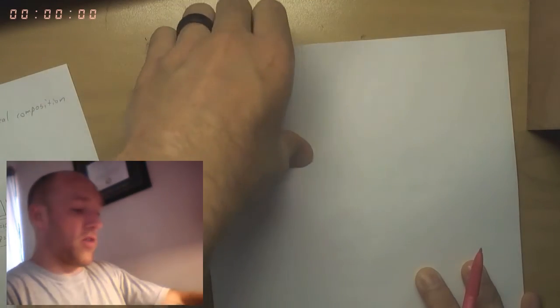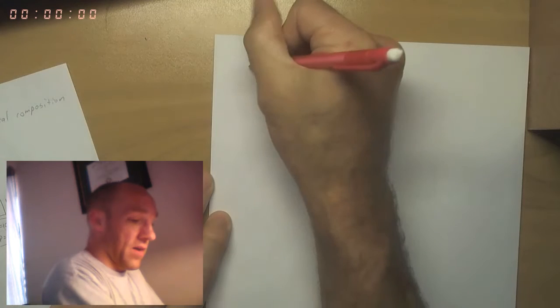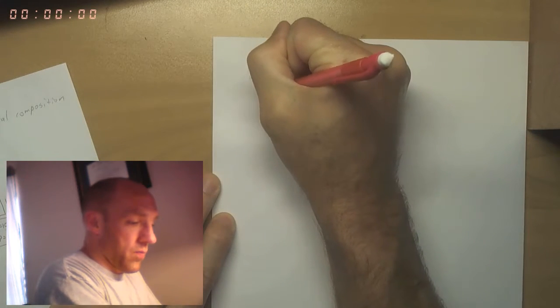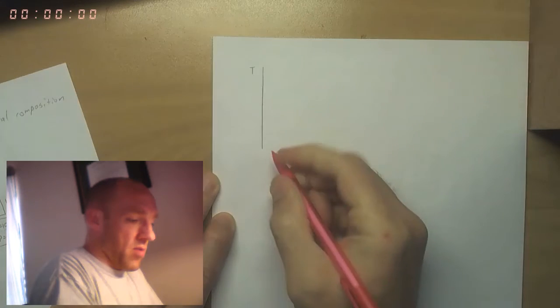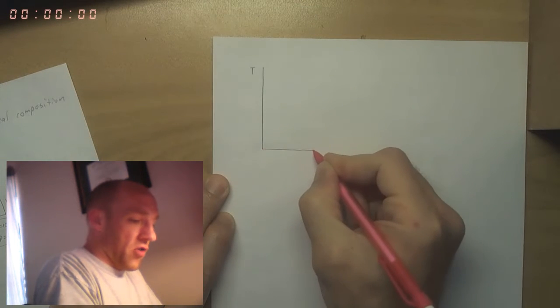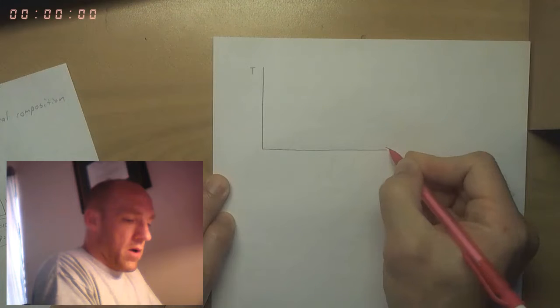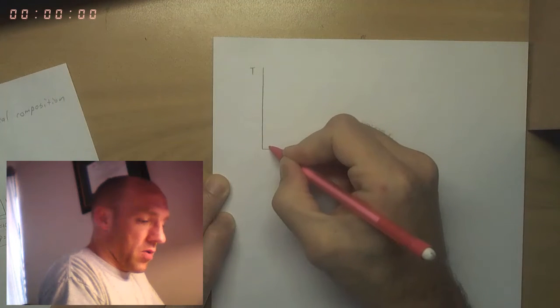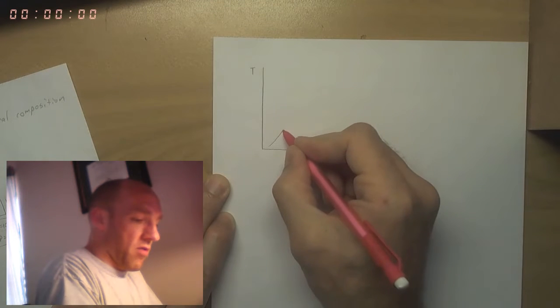So the example I just gave you was for 1 atmosphere. Now what if I perform this experiment multiple times at different pressures? I'll notice this. So say this was the one we just did at 1 atmosphere.